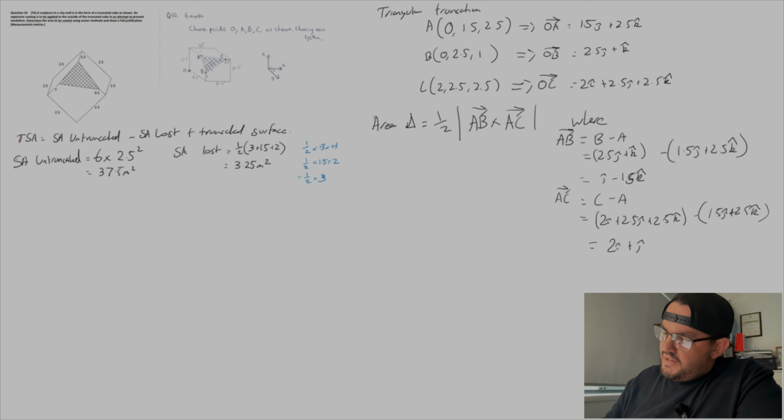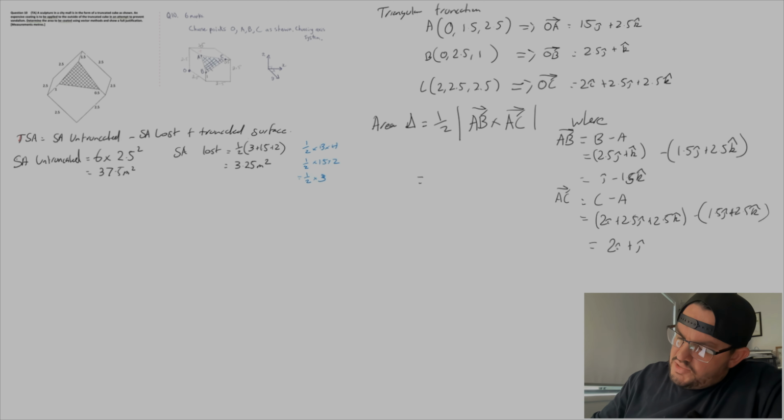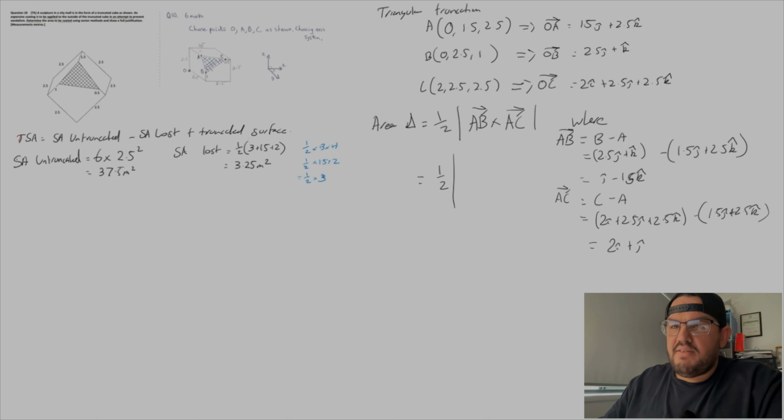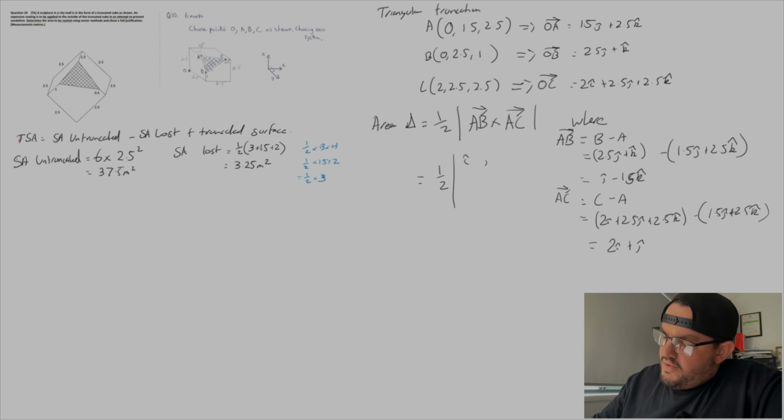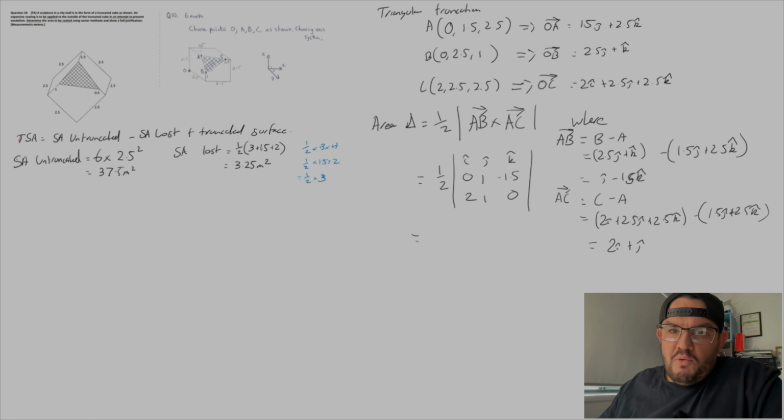So back down here, we can do some work with that. Remember, tech active, use your calculator. I, j, k, and then you're going to have 0, 1, negative 1.5, and then 2, 1, 0. Do the cross multiplication on your calculator. Save you a heck of a lot of time.